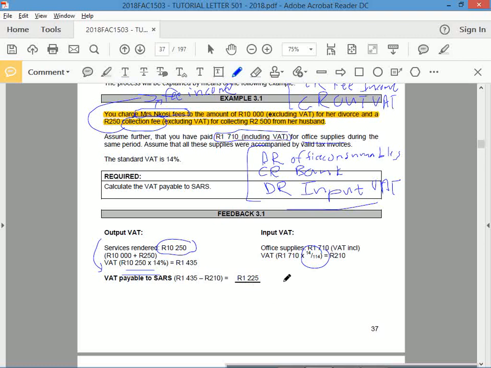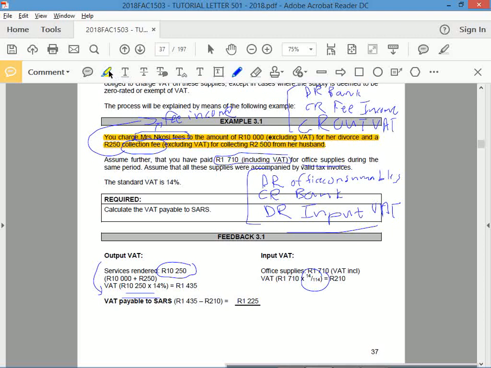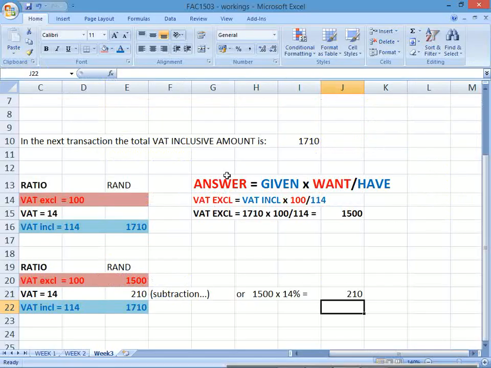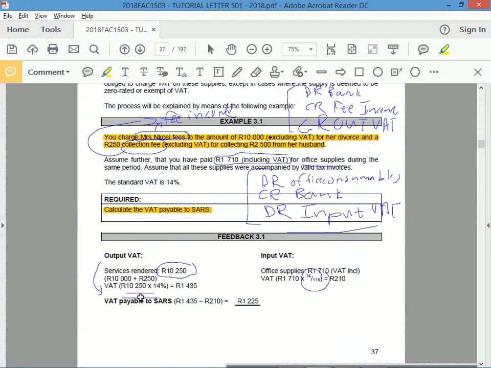Where's the amount? Oh, the VAT exclusive. So they didn't show the transactions here. They were just looking at, do I have a VAT liability or a VAT refund? That's all. Obviously, if I look at my working, how much is my VAT? 210. How much did I sell? I sold 10,250.